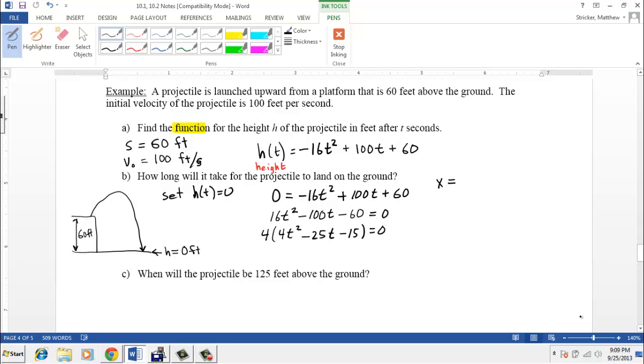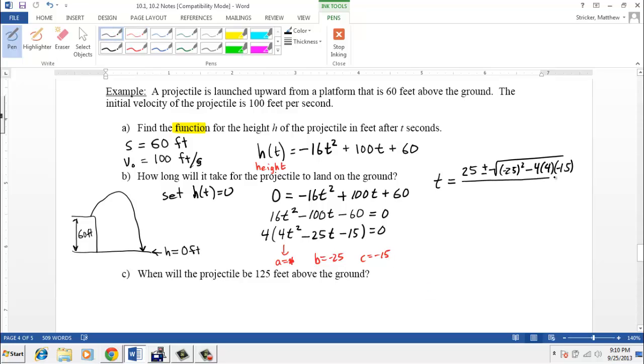So we could say that, and it's not going to be x equals in this case because we're solving for our independent variable of t. It's going to be t equals negative b, which is a positive 25 since b is negative 25, plus or minus the square root of b squared minus 4 times a times c. So this gives us a equals 4, b equals negative 25, c equals negative 15.